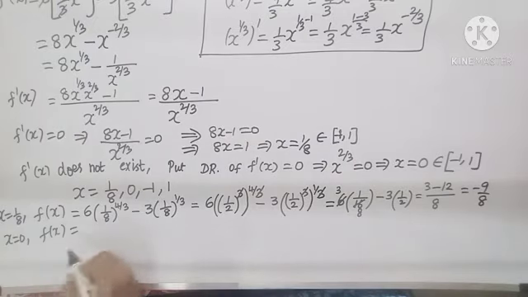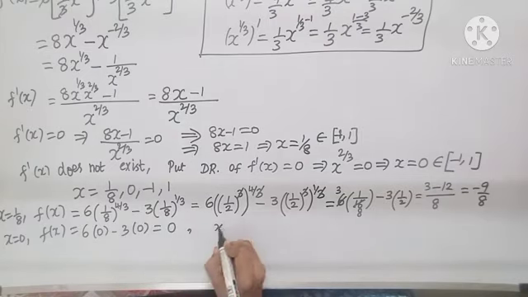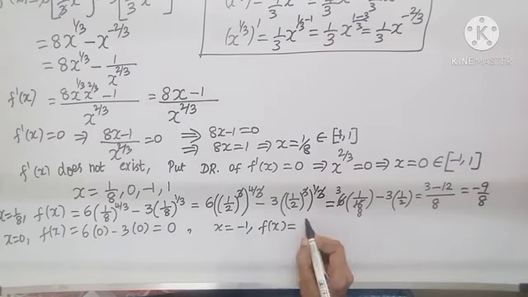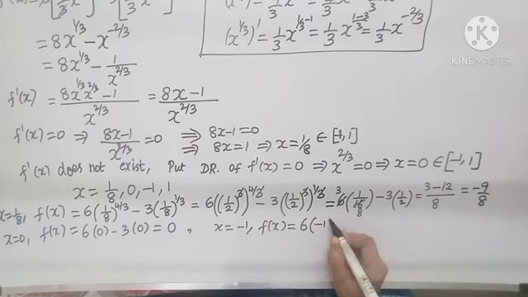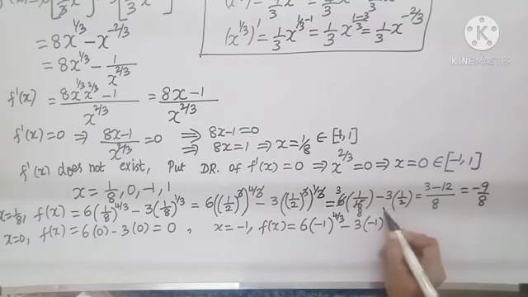The next value 0, when I put, it is simple. 6 into 0 minus 3 into 0. My answer is 0. When you put x is equal to minus 1, f of x is equal to 6 into minus 1, the whole power 4 by 3, minus 3 into minus 1, the whole power 1 by 3.